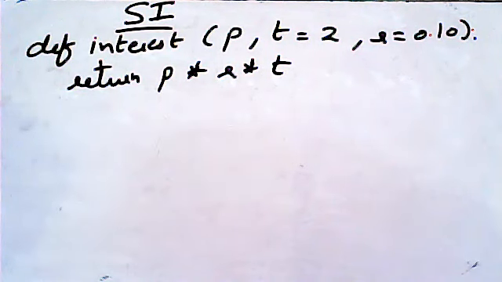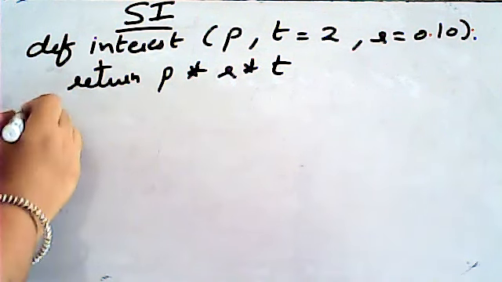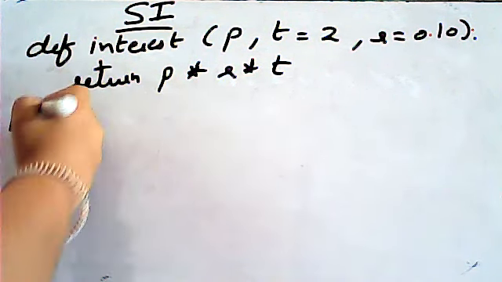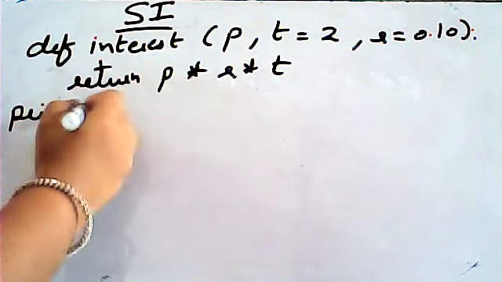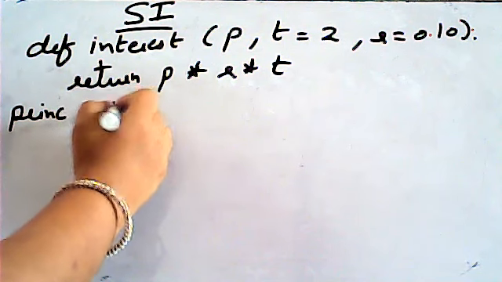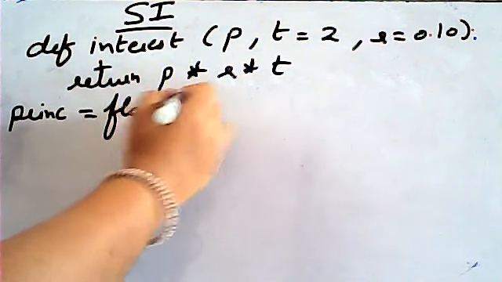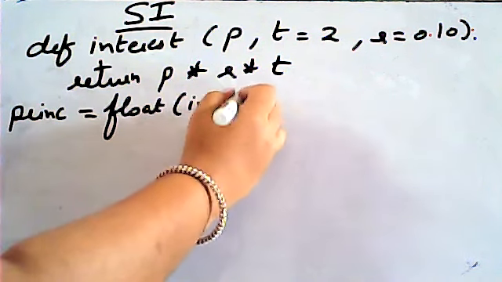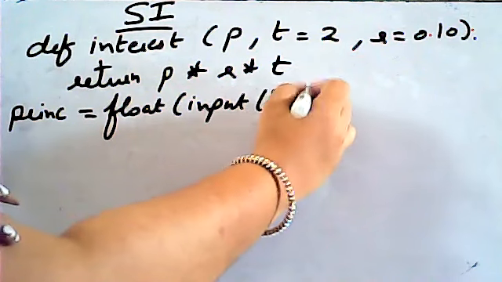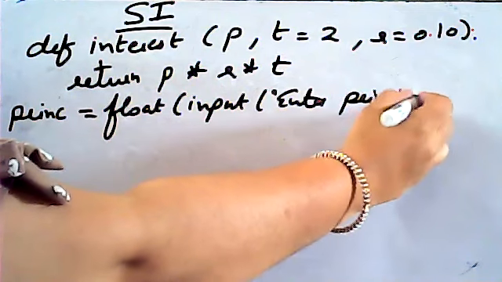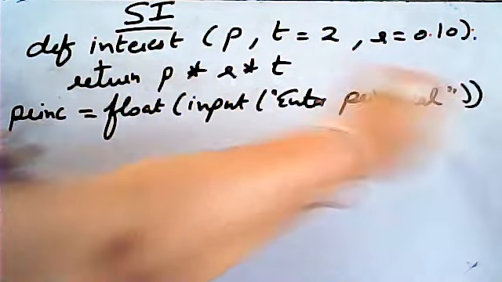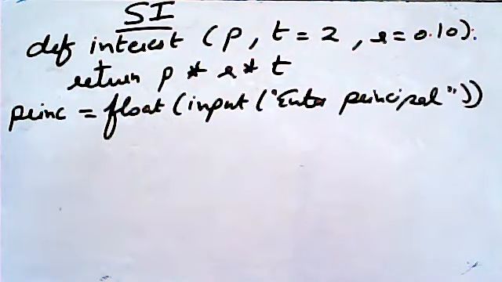After that I will take the value from the user. Okay, I just write outside. So I have to take the principal value. I just write princ is equal to float input, enter principal amount. So I have taken the principal value.